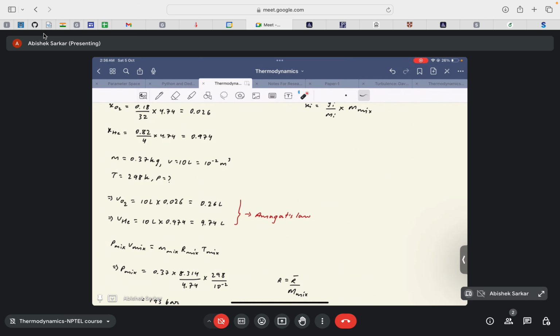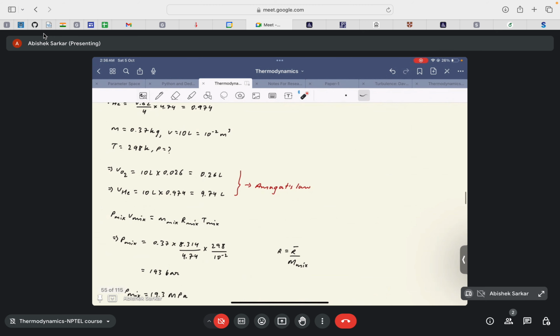Ideally meter cube would be good, but you can keep it in liter as well. The volume of helium is 10 liter times 0.974, or 9.74 liter. Now from the ideal gas law for the entire mixture, we can write P mix times V mix is equal to M mix times R mix times T mix, where R mix is the specific gas constant for the mixture.